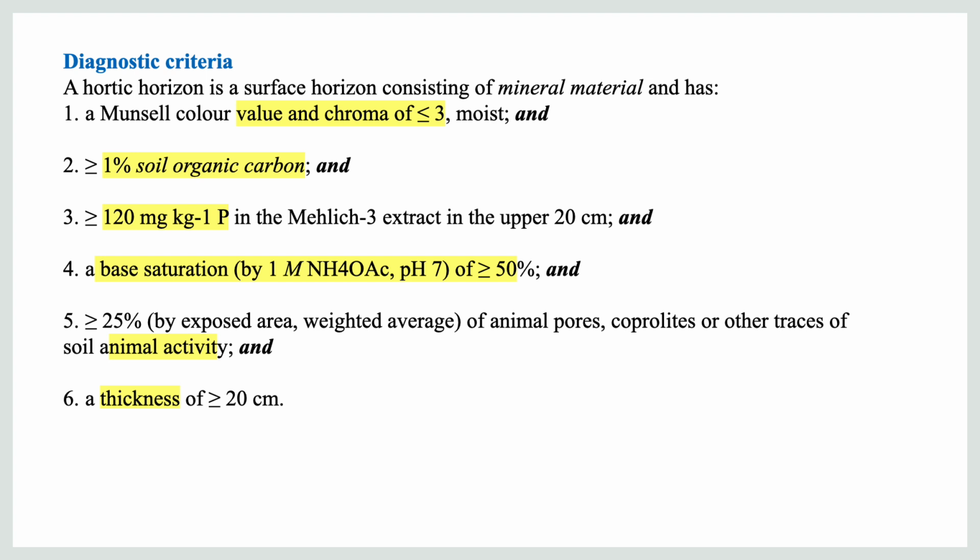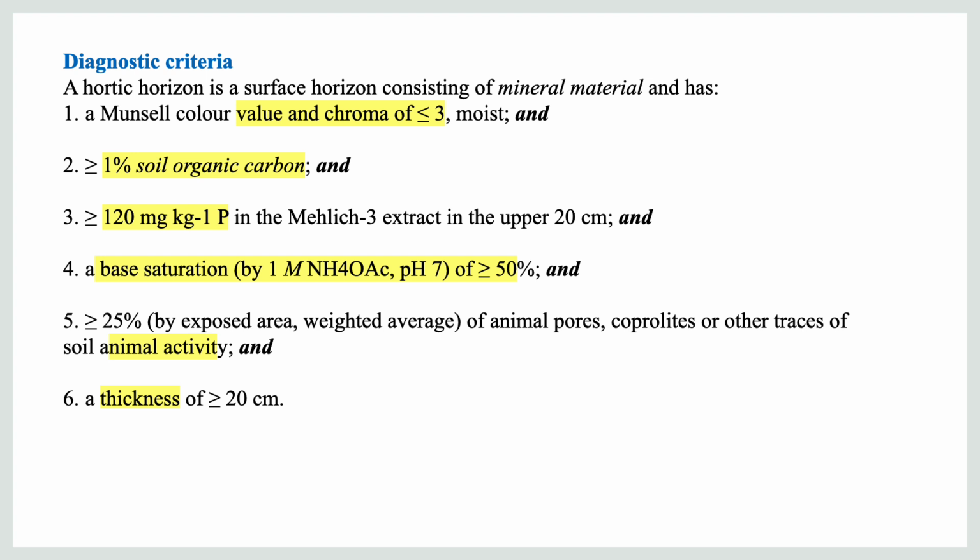And here I need to mention something that's quite important in WRB. In Soil Taxonomy and in the Brazilian system, it's quite common to say that a high base saturation expresses eutric and low base saturation expresses dystric properties and characteristics in the soils.